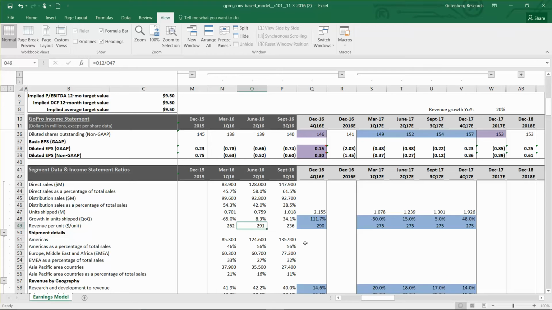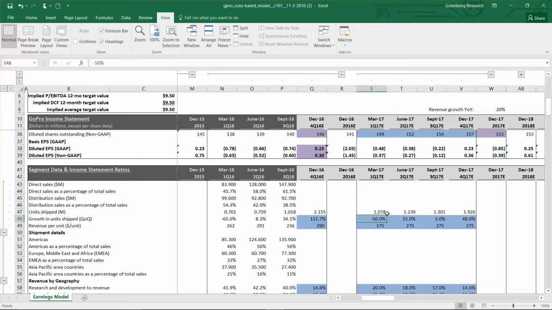It's more just a metric of total revenue divided by number of units shipped. So you can track through this and determine what you think is a correct average selling price or average revenue per unit. And then you can use historic seasonality to come up with the total number of units shipped. So we're showing a big spike in the December quarter, again, assuming that the production issues are worked out.